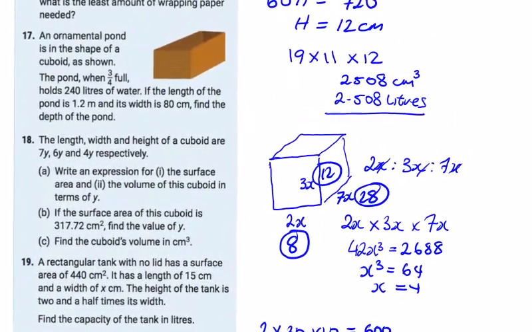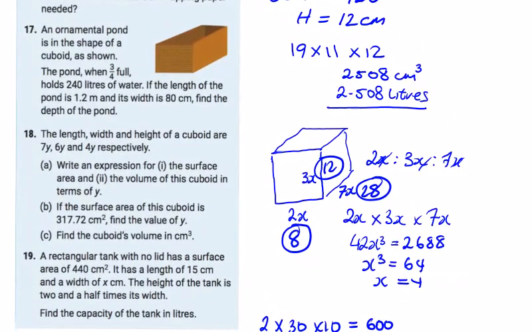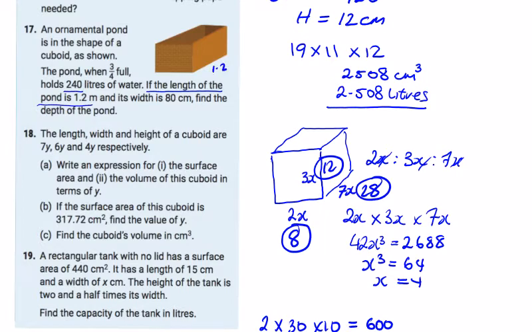Next, we're going to this ornamental pond. The pond, when 3/4 full, holds 240 liters. If the length of the pond is 1.2, and the width is 80, and that's cm and meters, so we need to put them all into meters. So 0.8 meters wide.